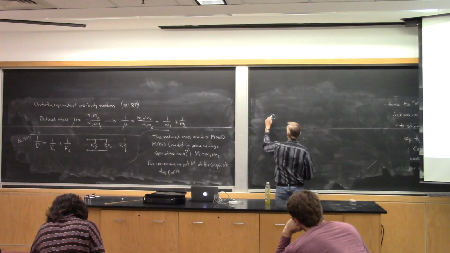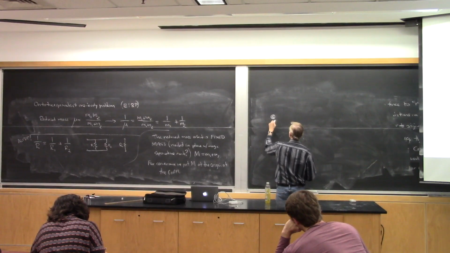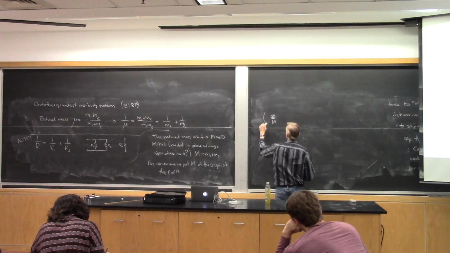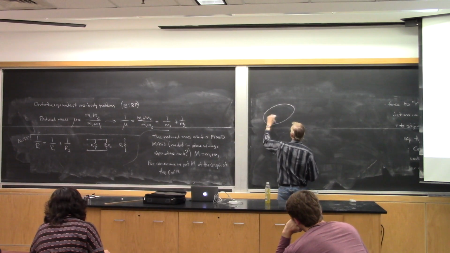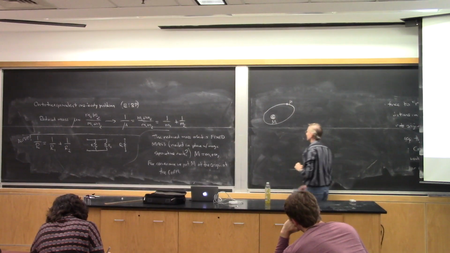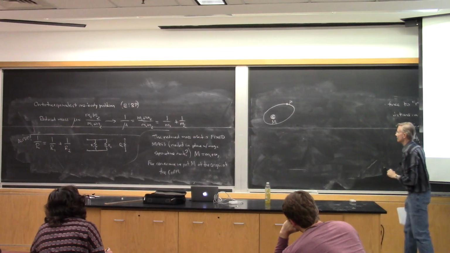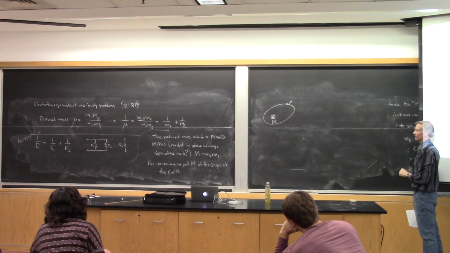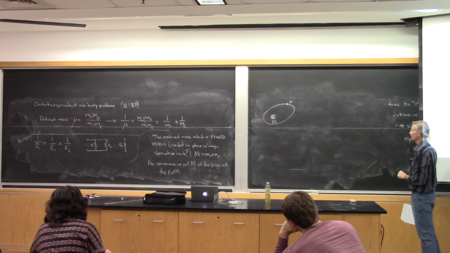And so the idea is, there's capital M, and here's mu orbiting capital M, on an ellipse with capital M at one focus of the ellipse.